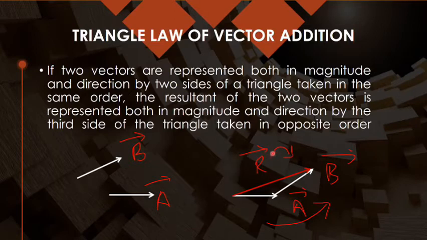So this is clockwise. This is clockwise movement and this is anti-clockwise movement. So order means whether we are moving clockwise or anti-clockwise, that you people have to take care. So A and B are moving in the anti-clockwise direction while the resultant vector is given by the third side moving in the clockwise order.